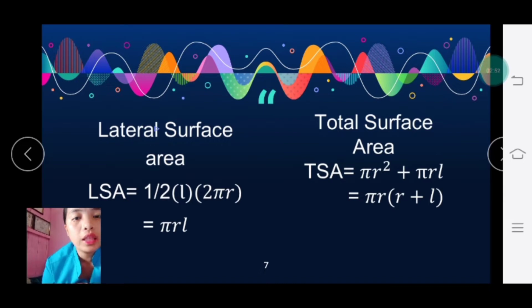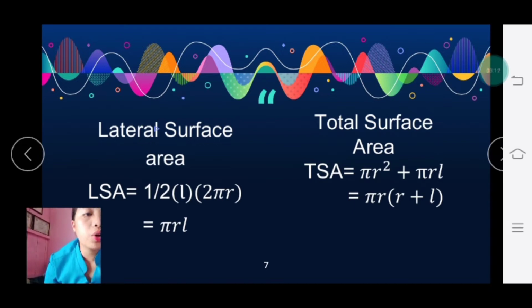Later, we're going to discuss the sector. Then it is equal to pi RL. So, the lateral surface area is equal to pi RL.